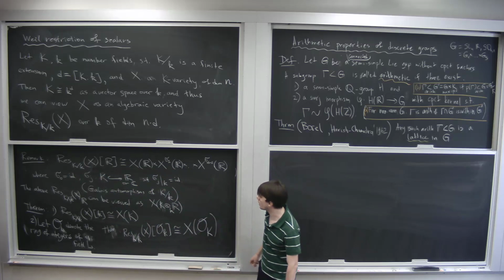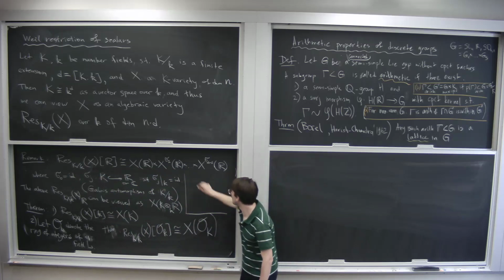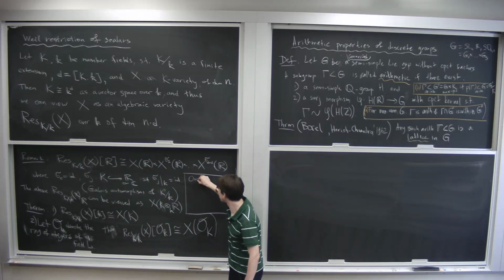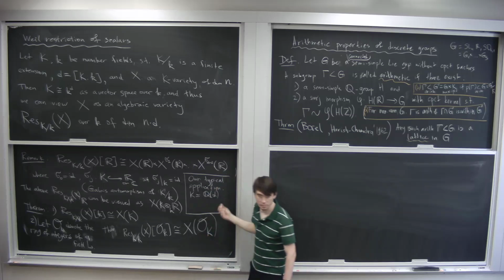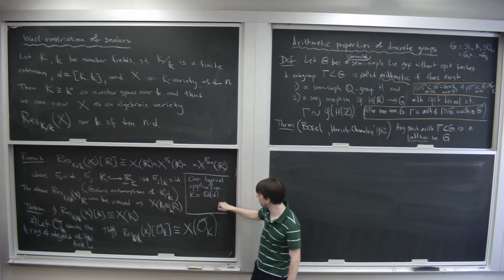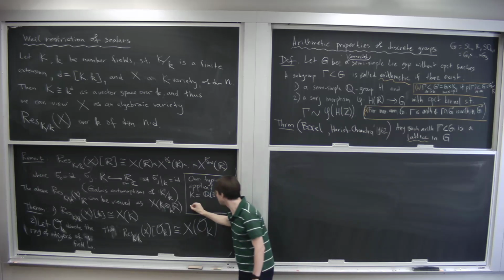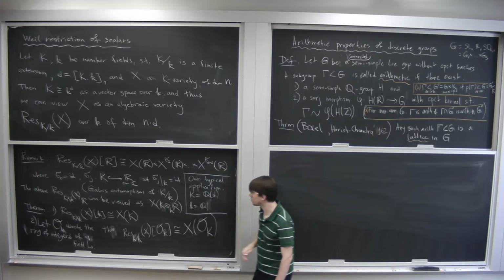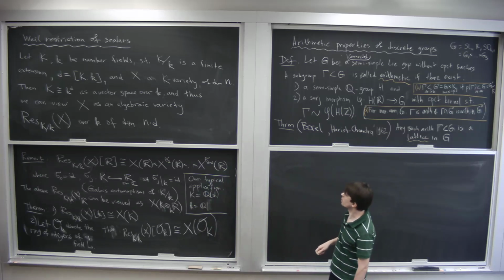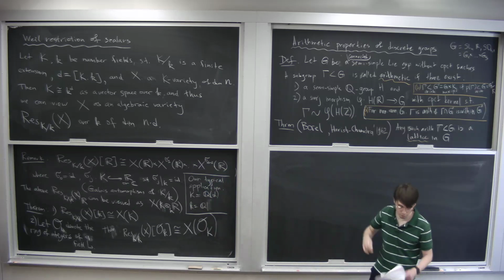So a typical application for us is going to be K is Q adjoined some alpha, of some degree, whose minimal polynomial is of degree D, and small k is Q, just Q, right? So this is going to be our typical application of this machinery.